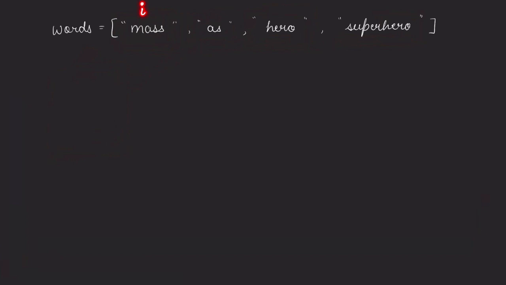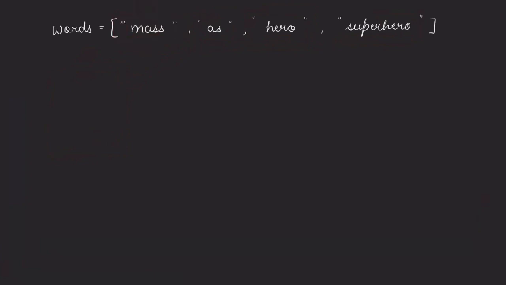Inside this we can run another for loop of j, and that j will run for all the words, and then we can check that if the word of i is present as a substring in word of j. If it is, then we will include this word of i in our answer. So this is what we can do.